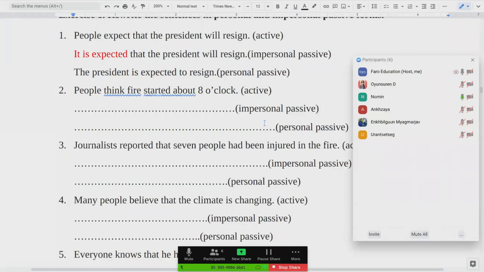Fire is thought to have started about 8 o'clock. Very good.